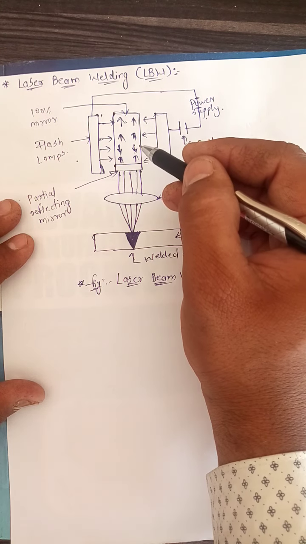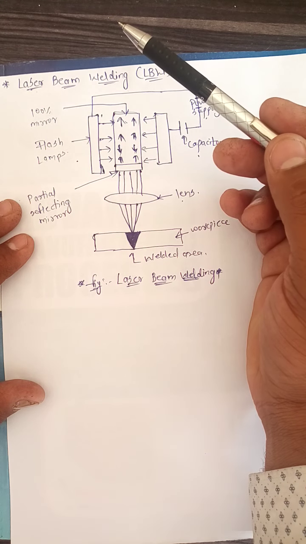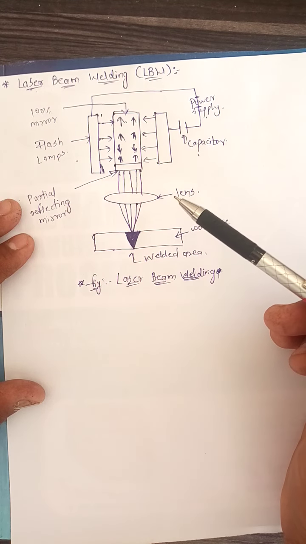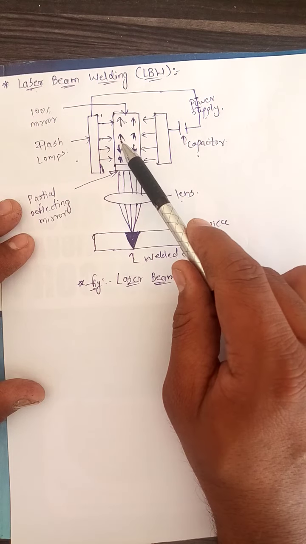Photon means what? It is a laser type. Okay, and this welding we can say is a fusion type welding.